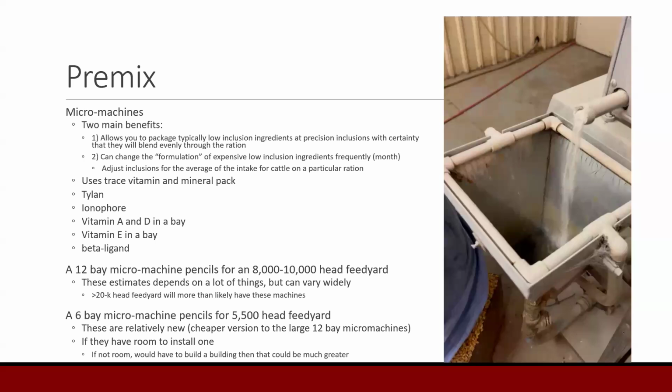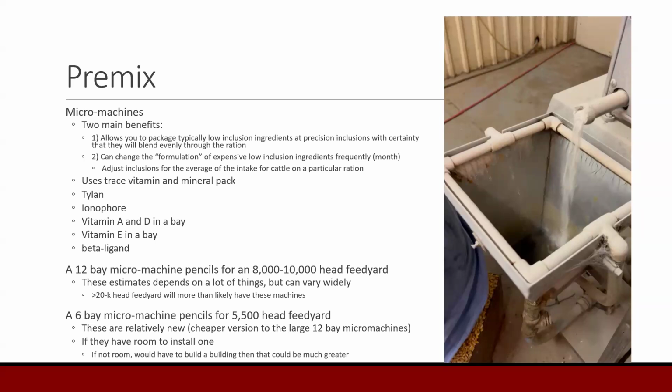You can also change it over time, how much of this liquid goes through your micro machine, to where you're precisely formulating how much of these additives you're bringing in based off of the average animal intake of the whole yard. As animals get heavier, they eat more. So to achieve a given threshold of a feed additive, you can get away with a lower inclusion. Does that make sense?